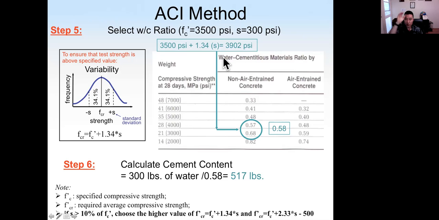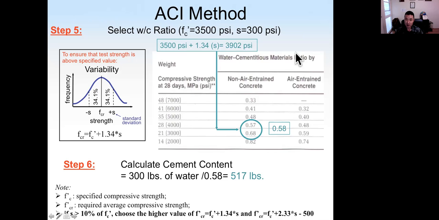If the required strength is 3,900, we make sure 90% of the time the strength will be higher than the specified strength of 3,500. This is based on the assumption that the strength of the concrete follows a normal distribution.